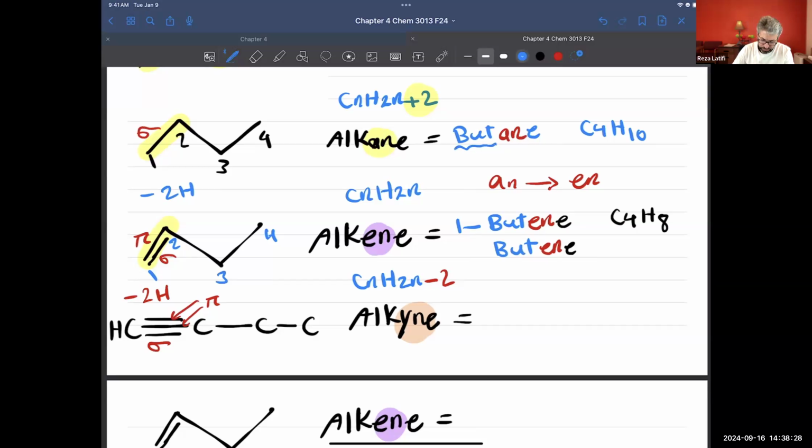And the name for this compound is going to be this: 1-but. This time we're going to replace the an by yn to show that we have a triple bond. So it will be butyne. Do I need to write 1? Not really. You can simply say butyne.